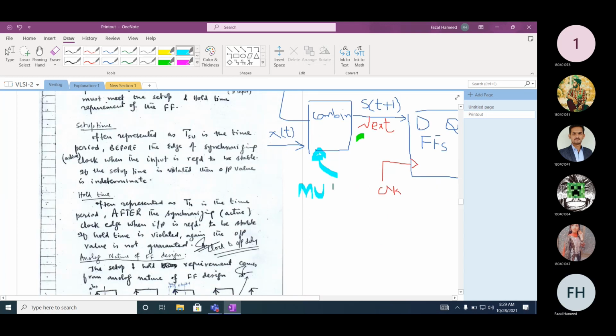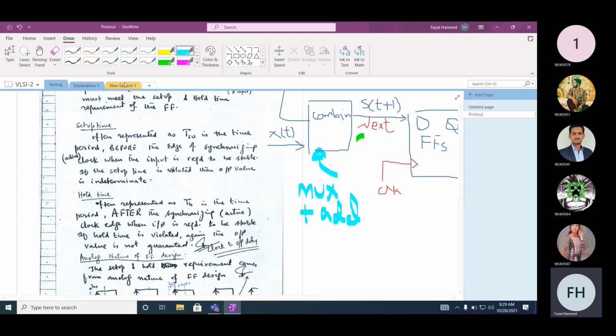Mux plus adder. Now, any kind of circuit has some delay. Ideally, we spoke of the ideal delay.